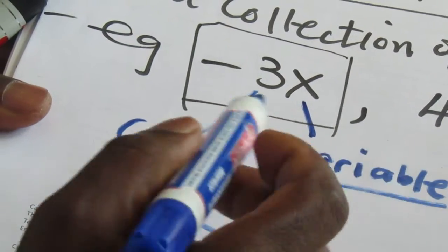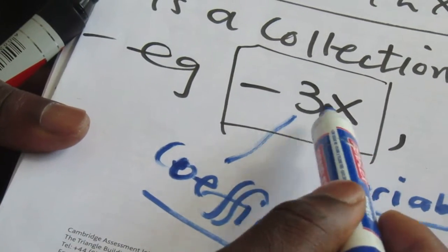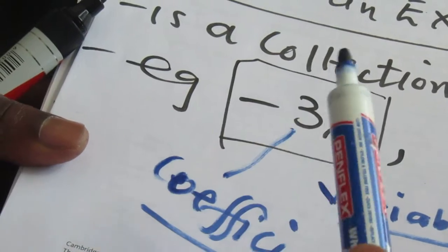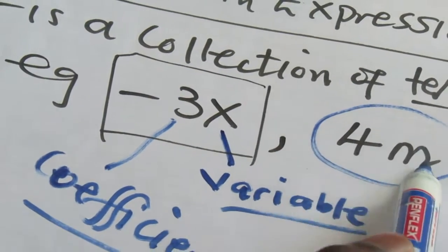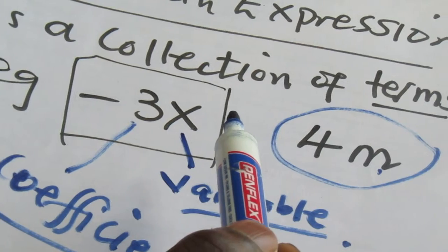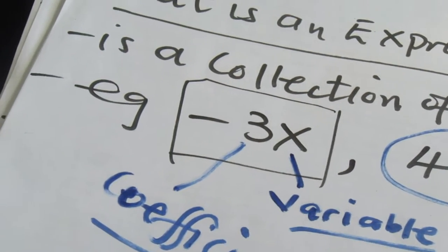Right, so x is a variable, minus 3, which is a parameter before this variable, is the coefficient. 4m again is a term whereby m is a variable and 4 is a coefficient.